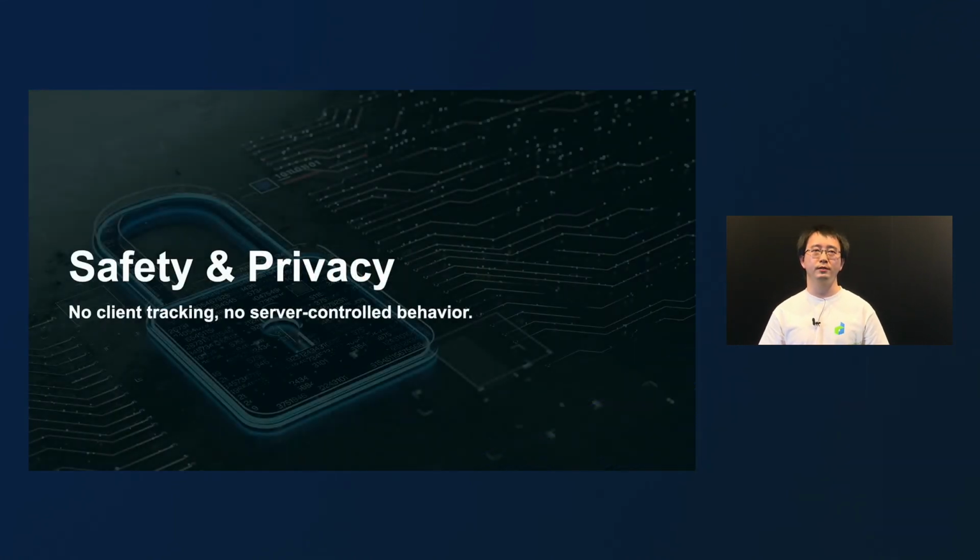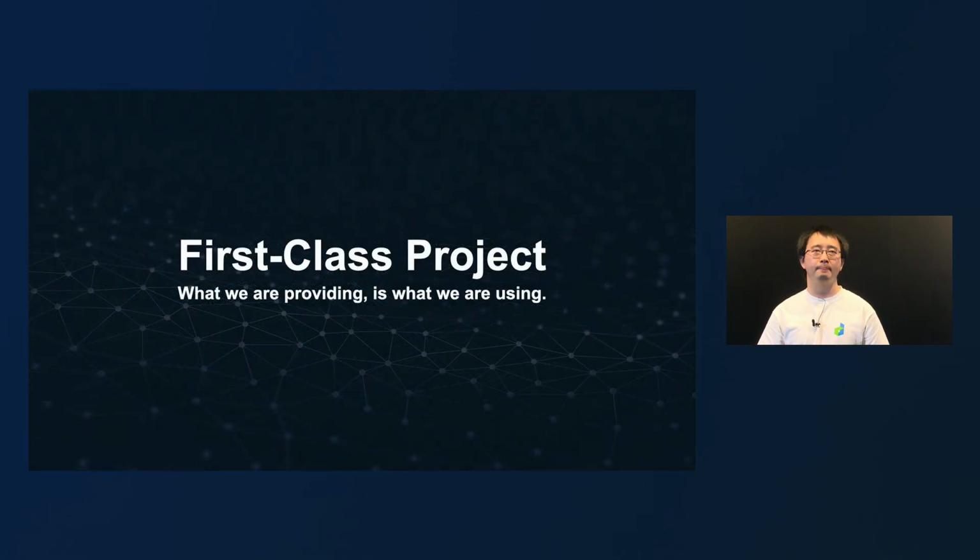Some conclusions. First, safety and privacy is the first consideration when we're creating the Line SDK. We don't have any client tracking, and there are no server-controlled behaviors. That means what you get while you're developing is exactly what you get in your release build. Line SDK is also a first-class project in our company.